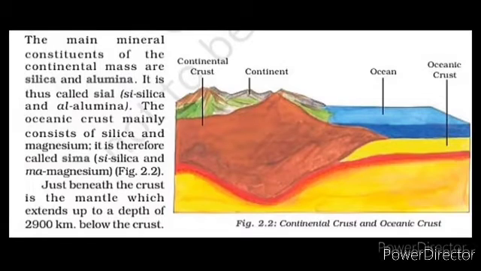The crust that forms the ocean floor is predominantly silica and magnesium, that is Sima, and the crust that forms the continents is silica and aluminium, that is Sial.